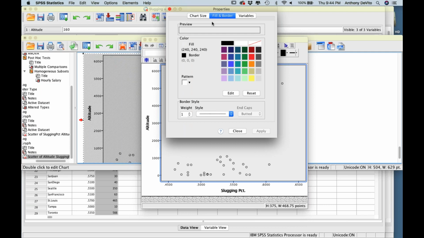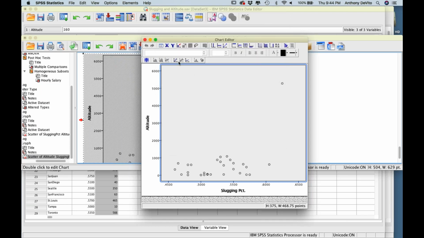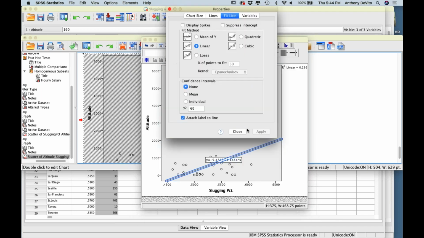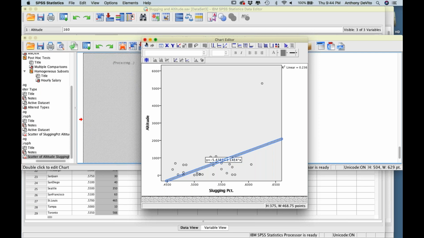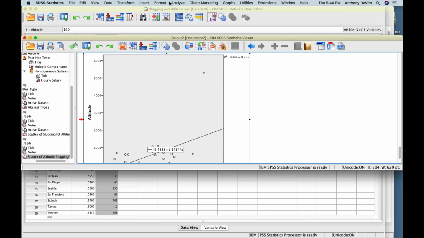I'm going to do this two ways. I'm going to ask it to fit a line to that. And look, if I don't take that as an outlier, it sure looks like there's an association between the two of these, right? So based on that, I'm going to calculate a correlation coefficient.